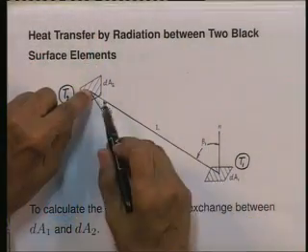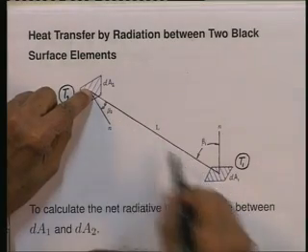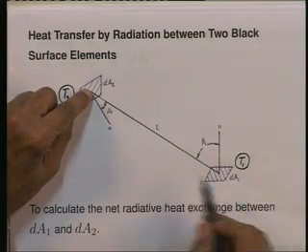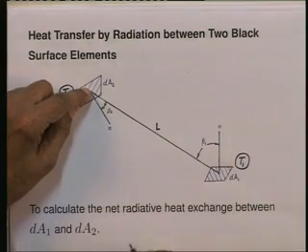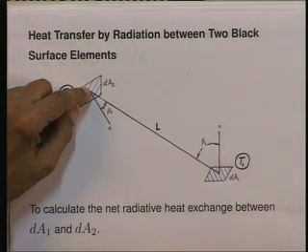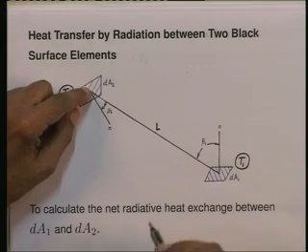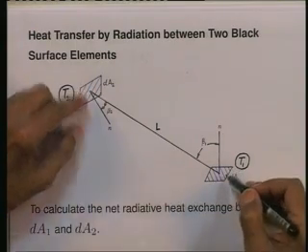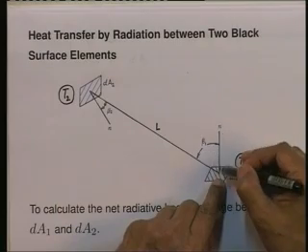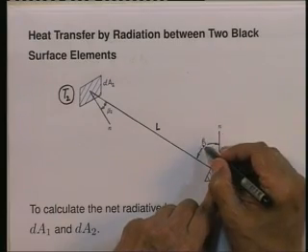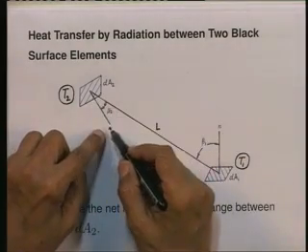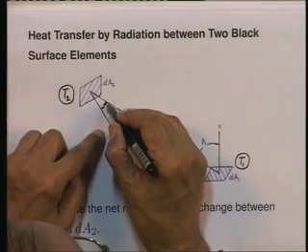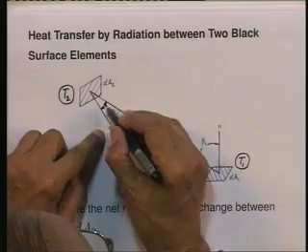Let us say the line joining these two differential areas has length L, denoted by capital L, and that the normal to dA1 makes an angle beta 1 with L, the normal to dA2 makes an angle beta 2 with L. All right.